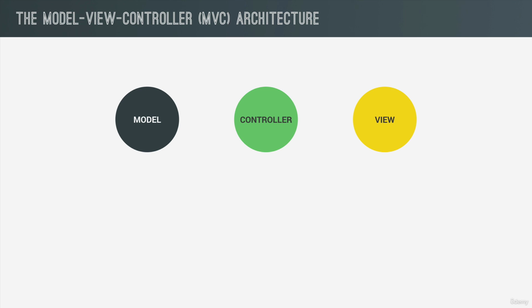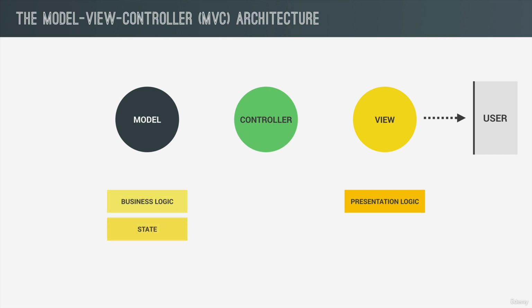So basically, this architecture contains three big parts, which are the model, the view, and the controller. Now, the view is of course for the presentation logic, so it's the part of the application interacting with the user. The model is all about the application's data, and so that's why it usually contains the state and also the business logic that manipulates the state. So these two should be kept closely together.